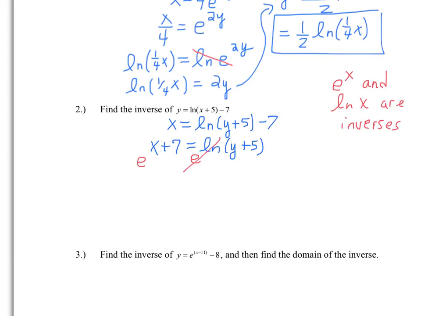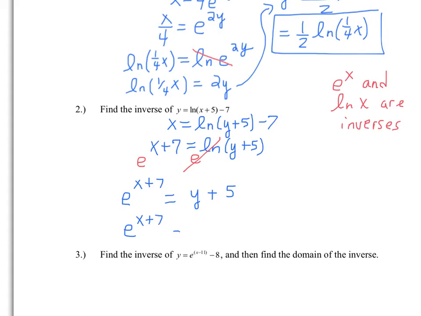Again, it stems from the fact that e to the x and ln of x are inverses, so they're going to offset each other. So we're left with e to the x plus 7, and now this y plus 5 will just drop down. The natural log is gone, and from there we would subtract over 5.